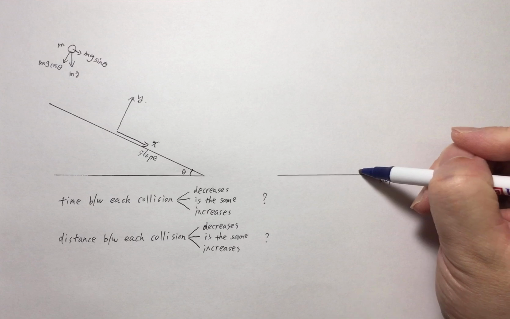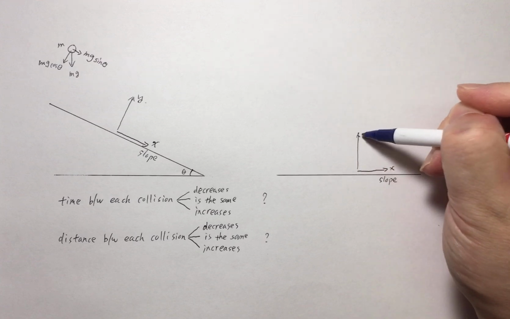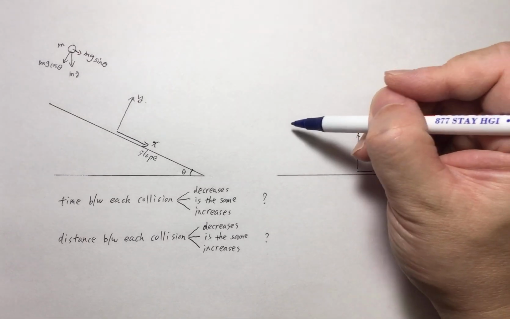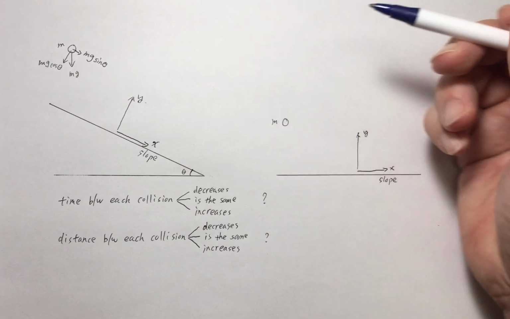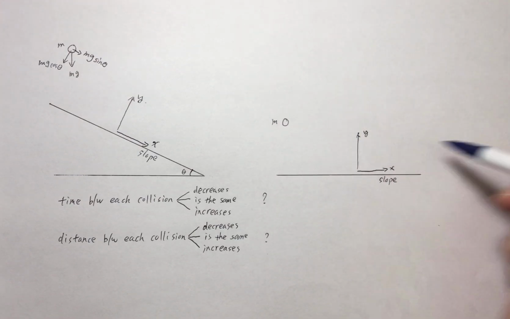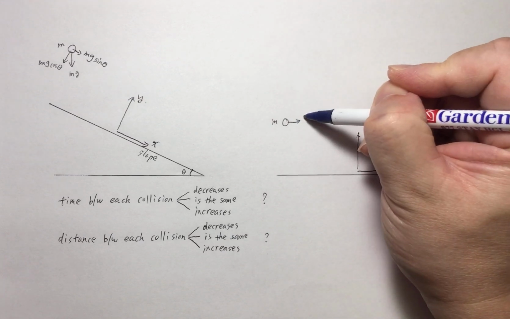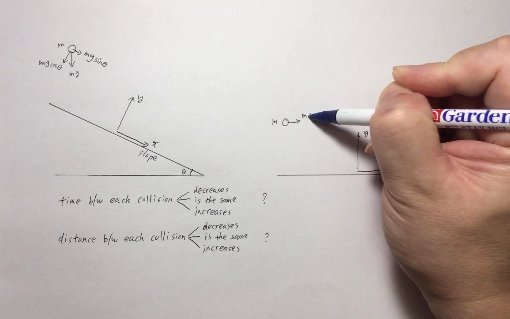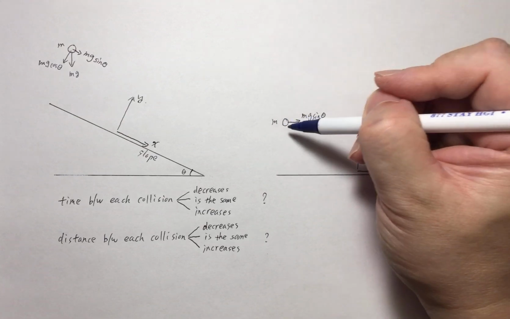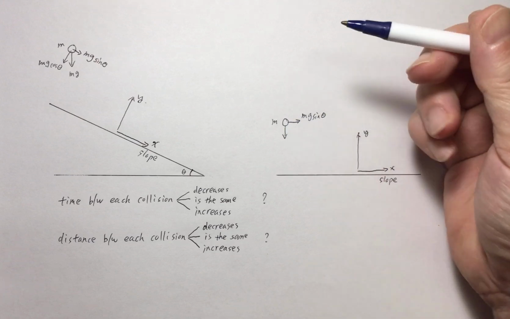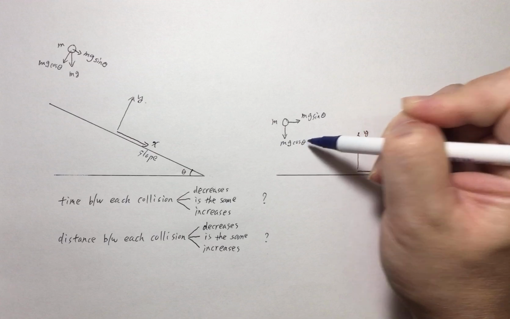And then here is the x direction, and here's the y direction, and this is the small ball with the mass, and as we already know, along the x direction, the ball has a force mg sine theta, and along the y direction, the ball has another force, which is mg cosine theta.